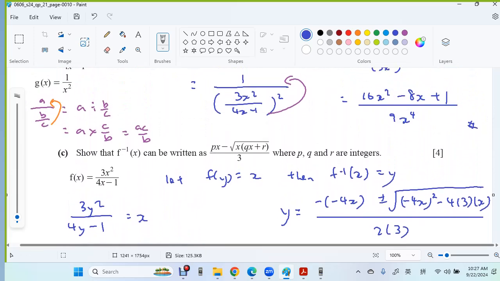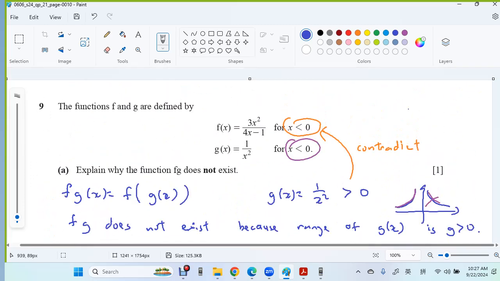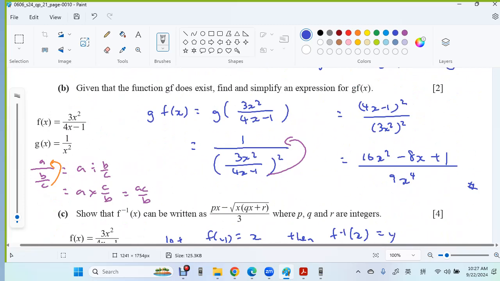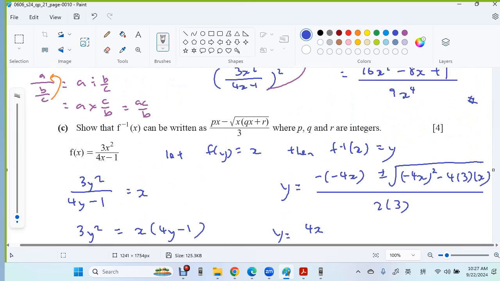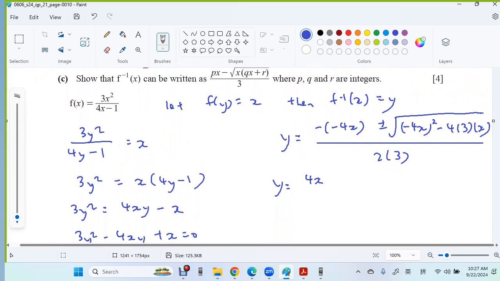Because we take the negative part here, since the domain is x less than 0, the y will be 4x minus the square root of this. We can factorize the 4 here.